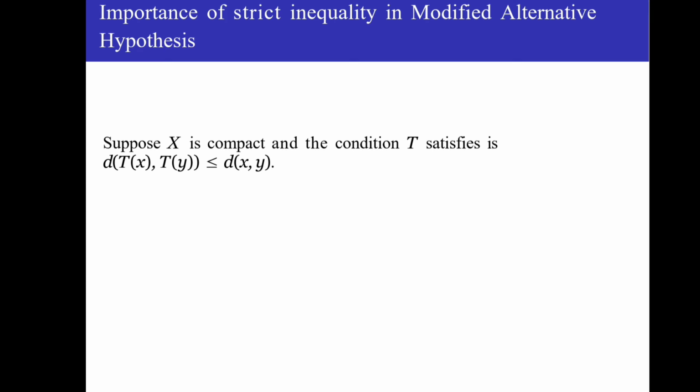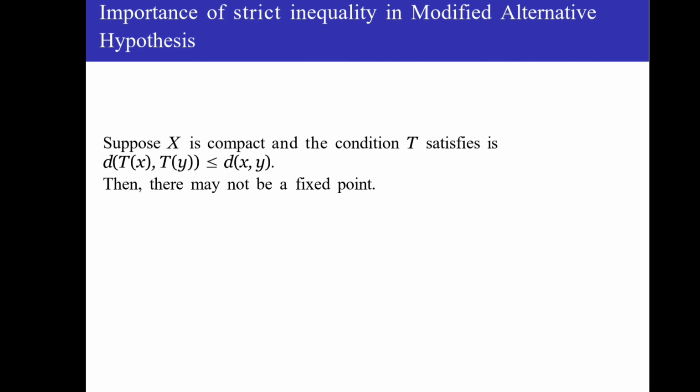Now will the conclusions hold or not? The answer is no. This is because if we allow this equality, we can arrive at two different situations. One is that it has no fixed point at all, and the other situation is we have a lot of fixed points.